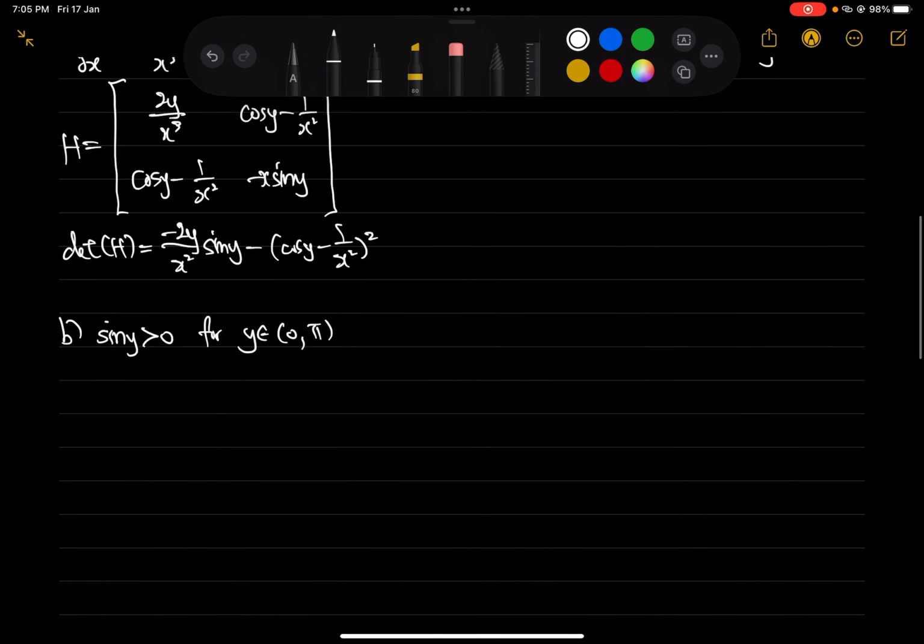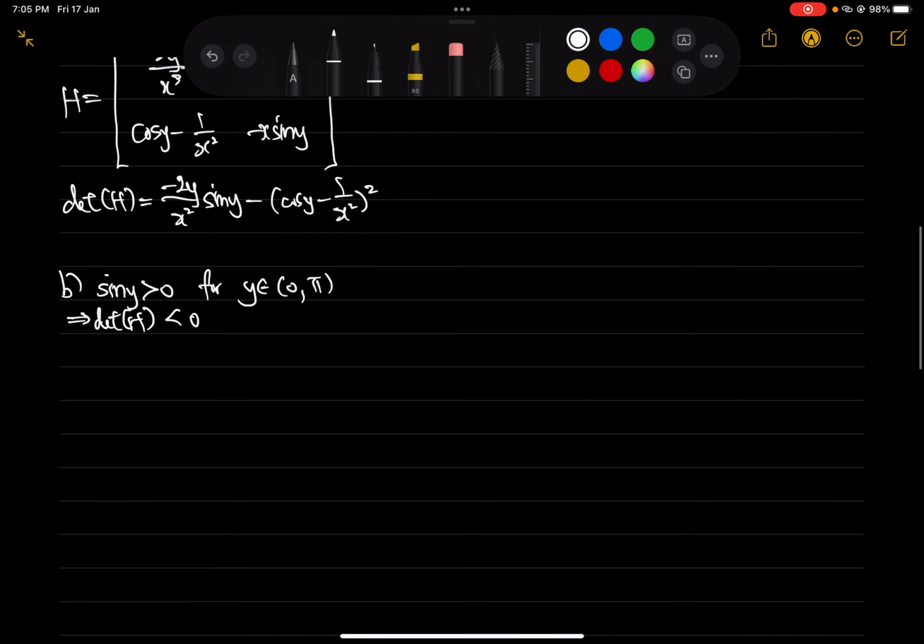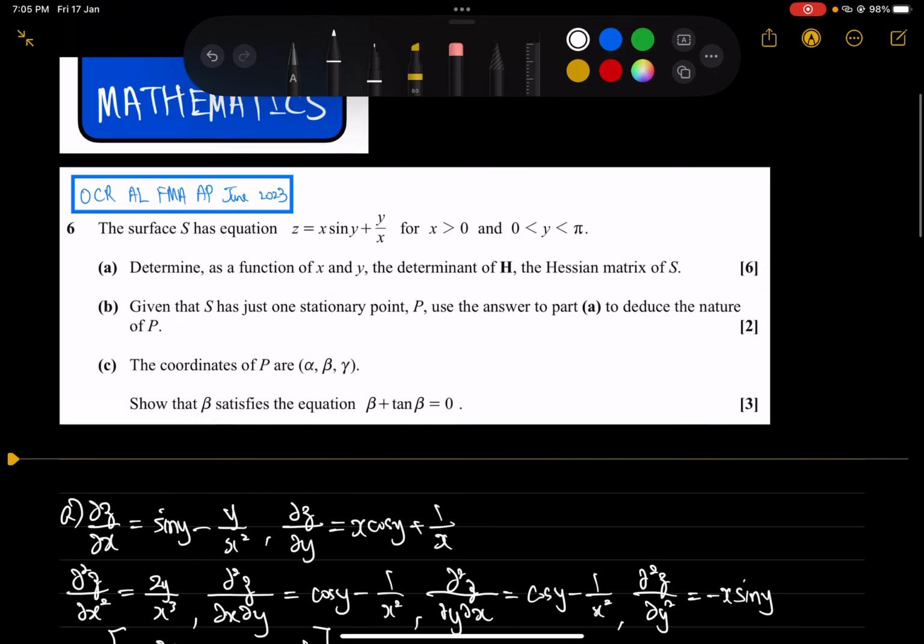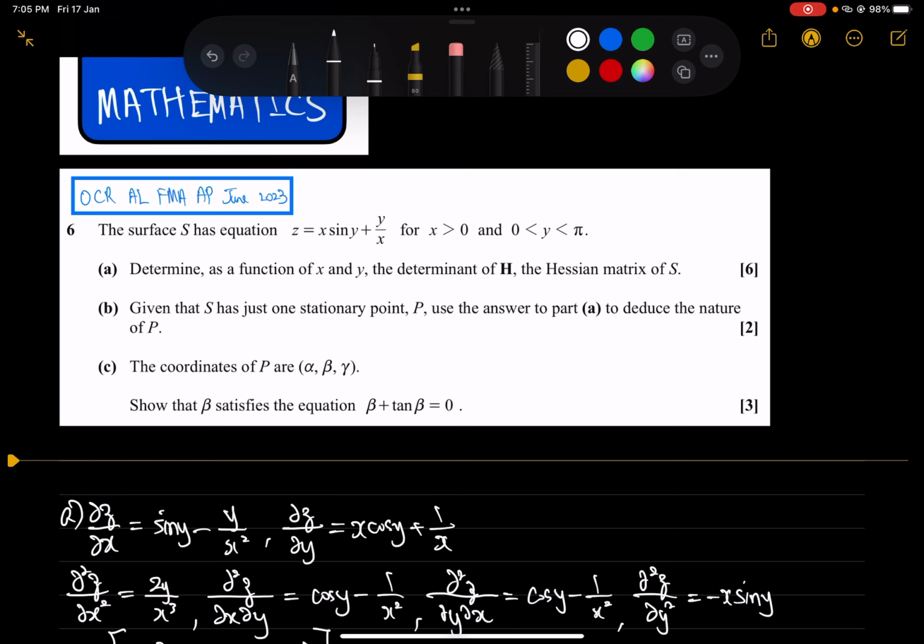So this implies determinant of H is always less than 0, which implies P is a saddle point. And that's it for part B.